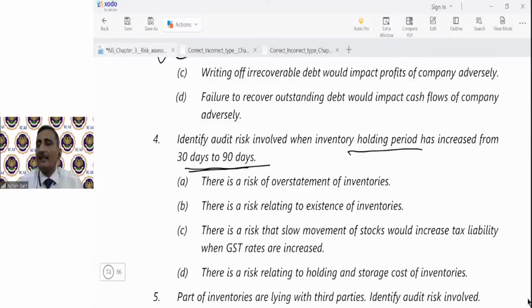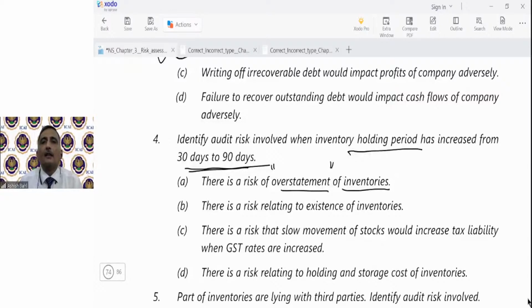What should be the answer? Yes, guys, it is again related to second question which we had done. There is a risk of overstatement of inventories. So the question is in different form. There is a risk in relation to overstatement of inventories, because if the inventory holding period increases, I was earlier holding stocks of 30 days and now my stocks are piling up, and I am now holding stocks for a period of 90 days.